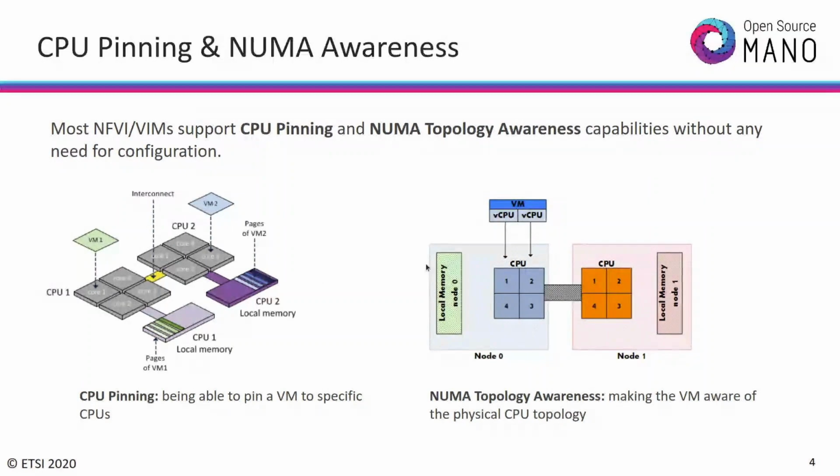And then NUMA topology awareness is just making the virtual machine aware of the topology of CPUs. If you have 2 CPUs, if you have 4 CPUs, for example, you can say, I want this virtual machine to be located on one CPU only, so that all the virtual CPUs are assigned in this particular node, and you can then ensure that those CPUs consume local memory.